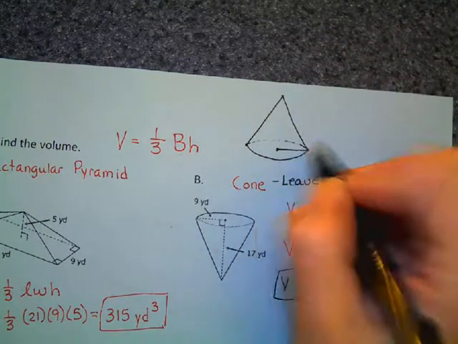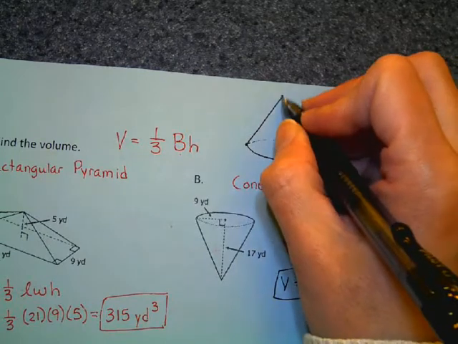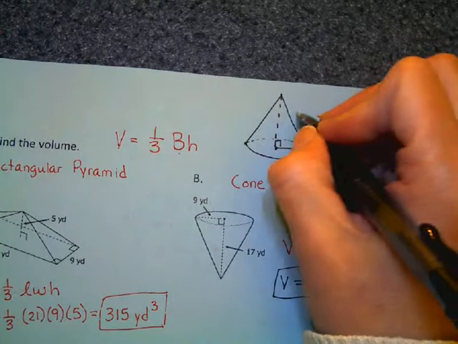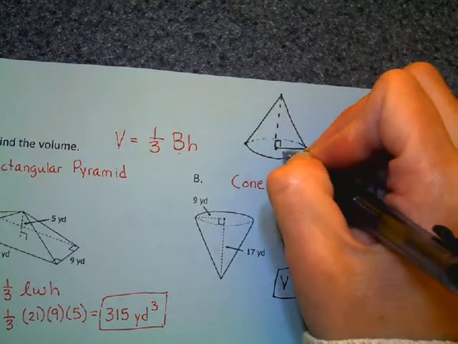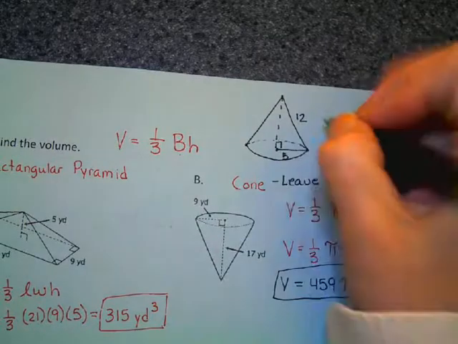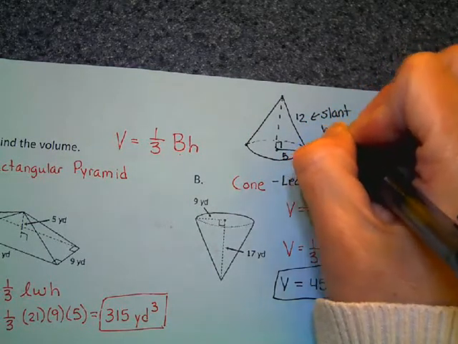Remember the height's the 90-degree point. If they give you the slant height instead, let's say they say the radius is 5 and this is 12, this is called the slant height. And this in here is called the height.